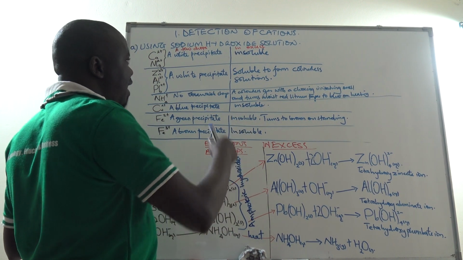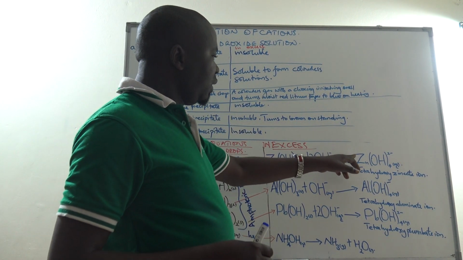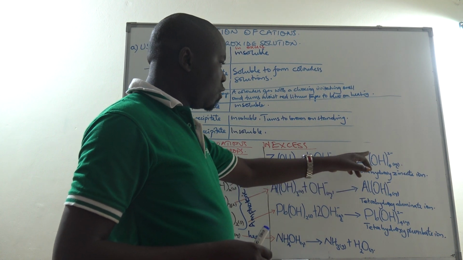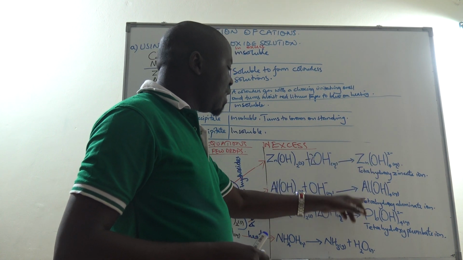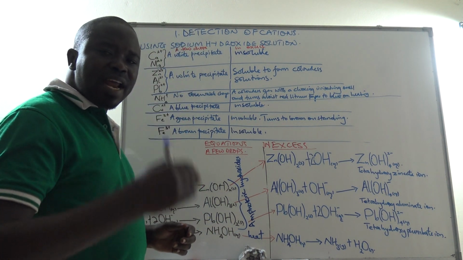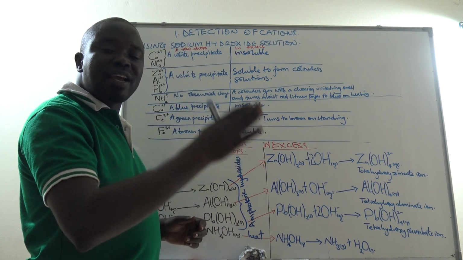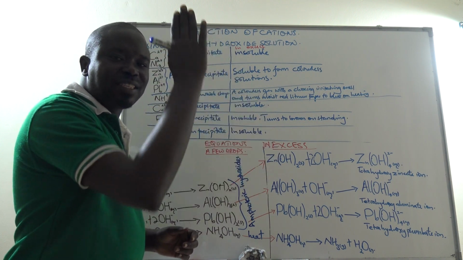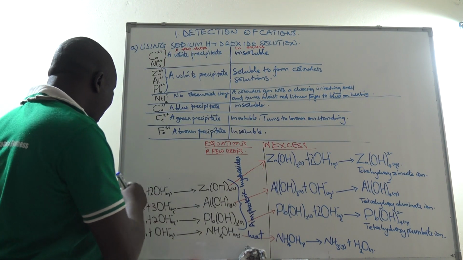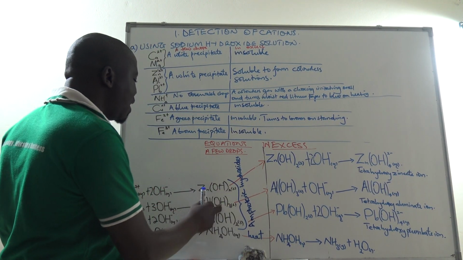So they react with excess sodium hydroxide solution to form their respective complex ions, as we have seen from here in colorless solutions. So even ordinarily when they ask you for the amphoteric oxides, they are the ZAP oxides, zinc, aluminum and lead. Even their hydroxides are all what?